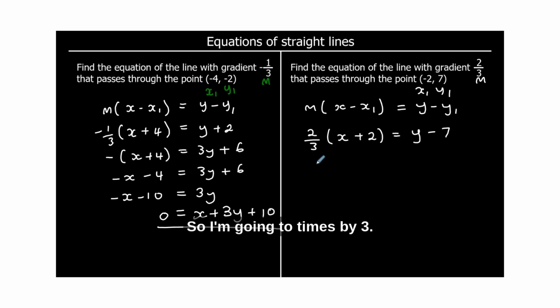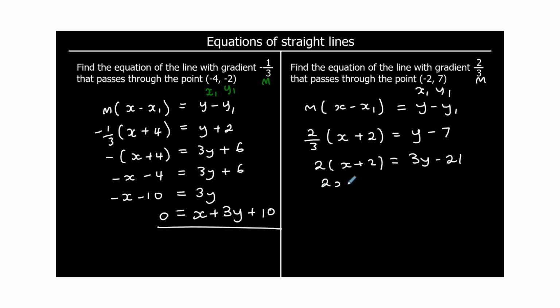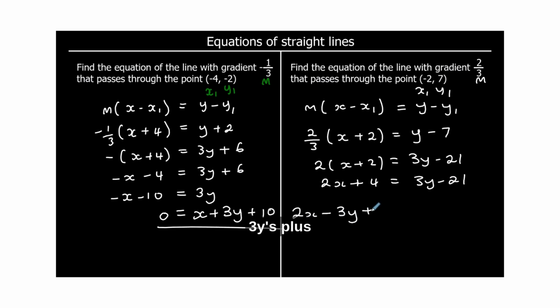So I'm going to times by 3. So that'd be 3y minus 21 on the right side. Expand the bracket. And move everything over to the left. So I've got 2x's minus 3y's plus 25 equals 0.